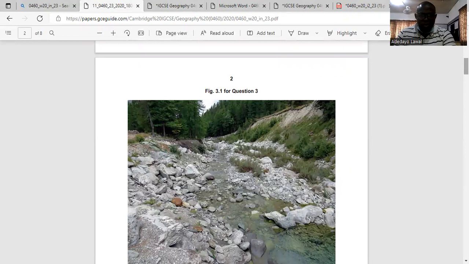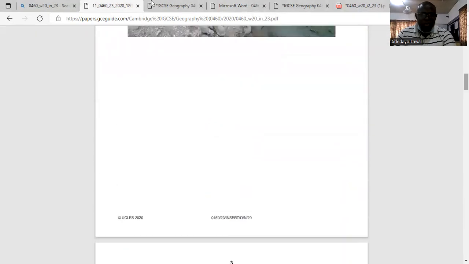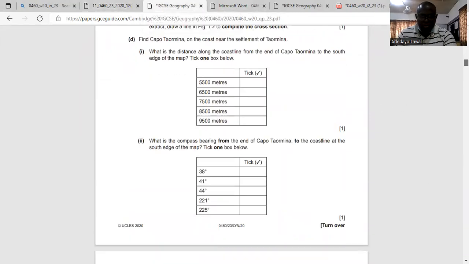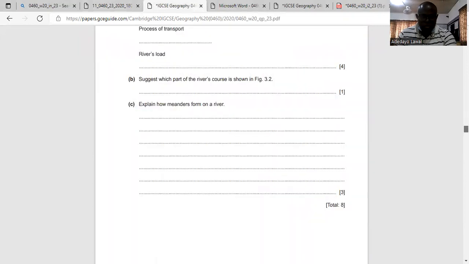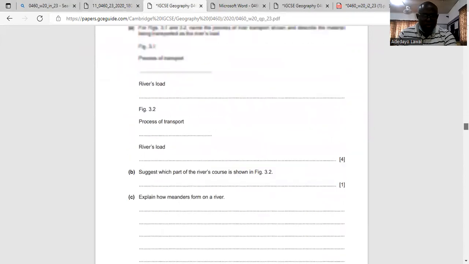So for figure 3.2, is that the only question for that? Let me move on quickly. Which part of the river? Okay, for 3 points.